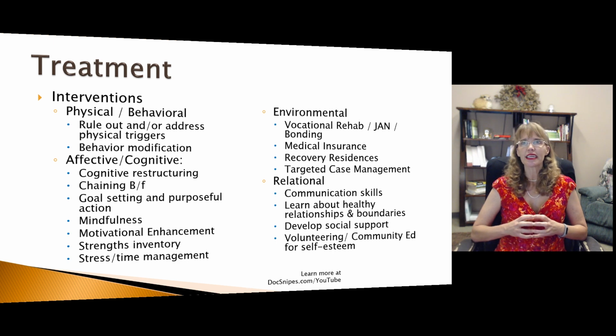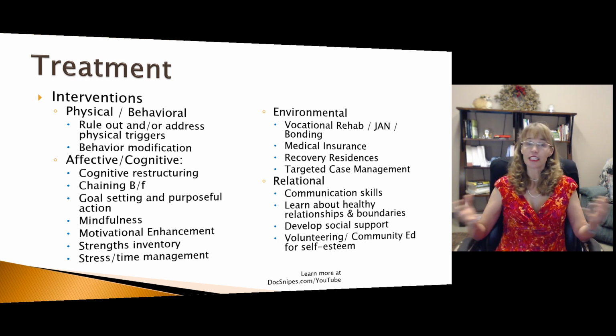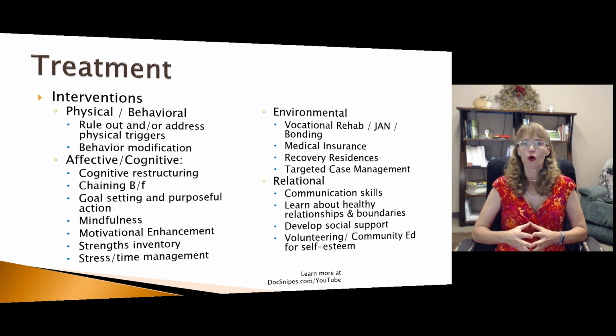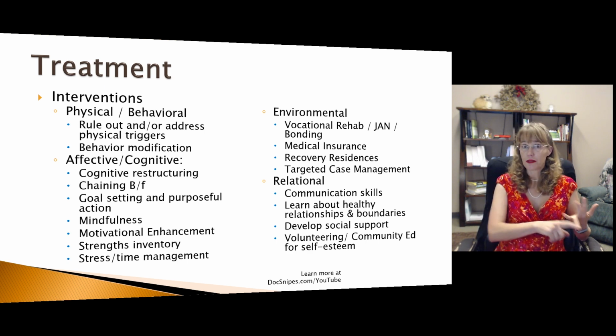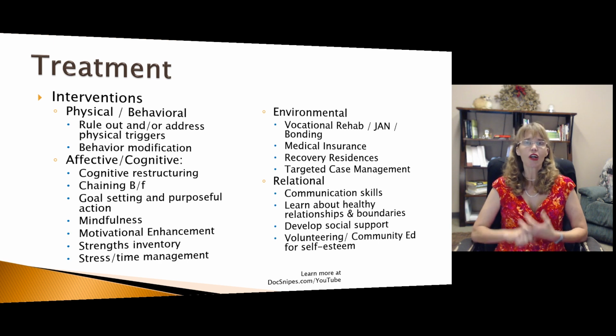So if somebody has gotten criminal charges or hasn't been employed for a really long time or got fired from their job because of their addictive behaviors, then bonding, the federal bonding program, may be able to help them get started with employment again. Helping people access medical insurance and safe, stable housing through things like recovery residences can also be really important to helping them recover in all aspects of their life.